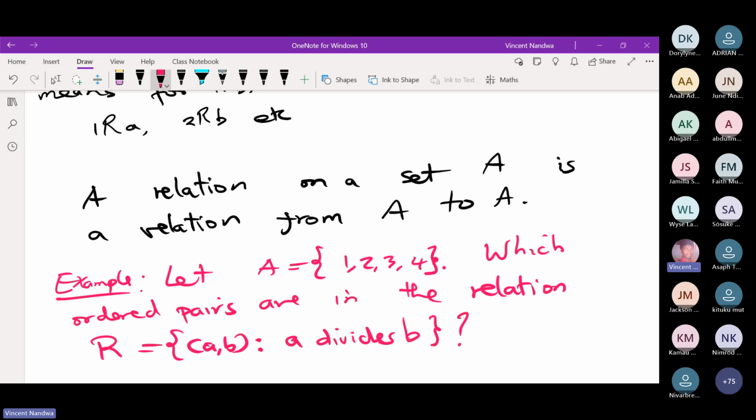I want you to write for me the elements of that relation R. So I give you 2 minutes to do that. Write all the elements of R.